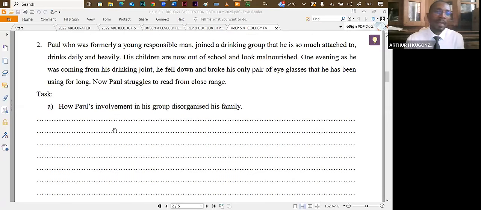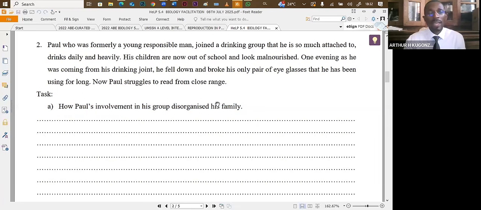For instance, here, if I say how Paul's involvement in his group disorganized his family, and one of the points we're saying is that his children dropped out of school. Now, dropping out of school may sound to you that it is not biology, but it is a correct response for this task here. So there is nothing like this is biology, this is not biology. It is just about responding to what the task wants you to give.